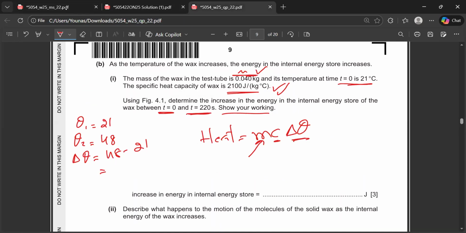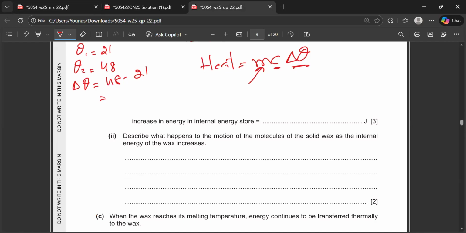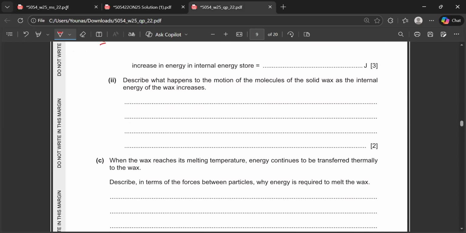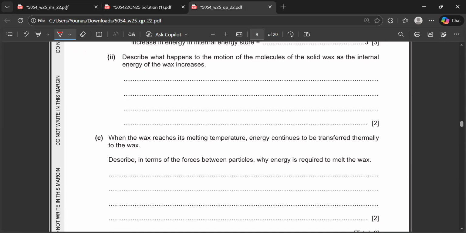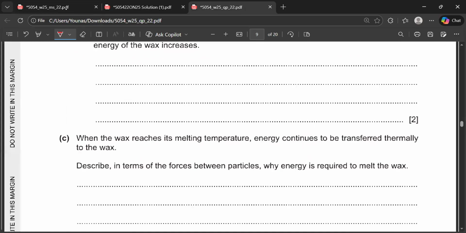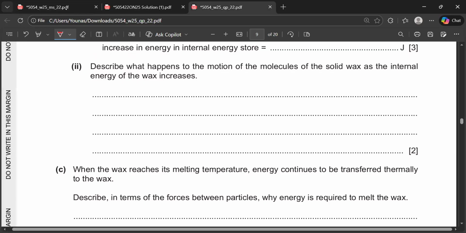Okay, so here we have: describe what happens to the motion of the molecules of the solid wax as the internal energy of the wax increases. You see, when the internal energy of the wax increases, basically the kinetic energy of the particles in that wax increases, and they start moving faster.